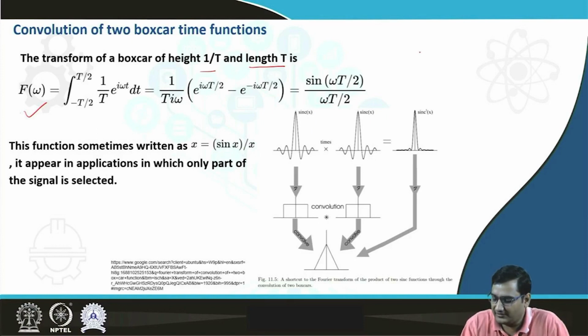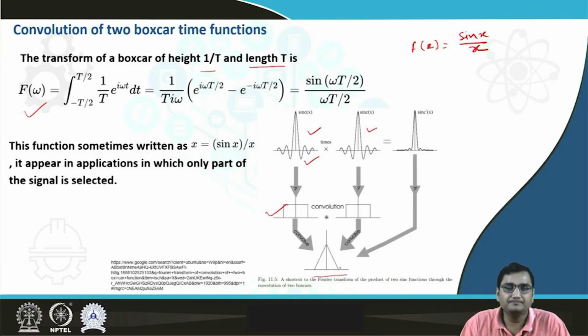So if you write the sinc function f of x, that means it is sine of x by x. When two sinc functions are convolved, you can take their FFT, and in the FFT form these sinc functions turn into boxcar functions, and these boxcar functions, when they convolve with each other, give the sinc square x function.